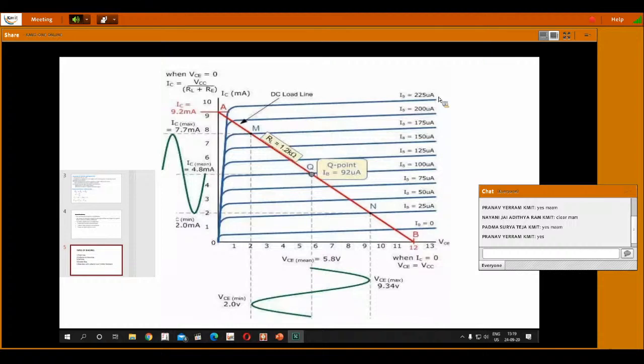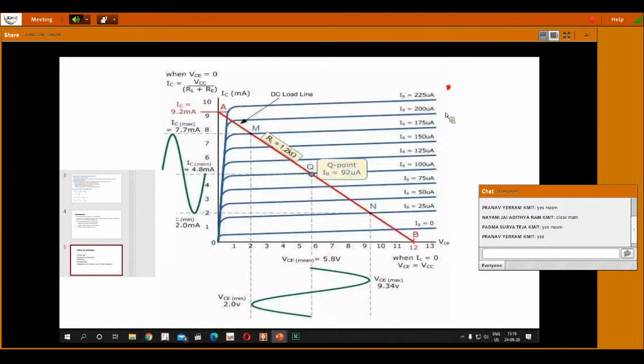So I can also choose the operating point near the breakdown region. But if I choose the operating point there, the transistor is already driven into the breakdown region, which is not suggestible.